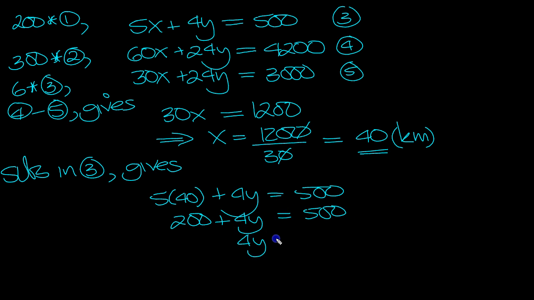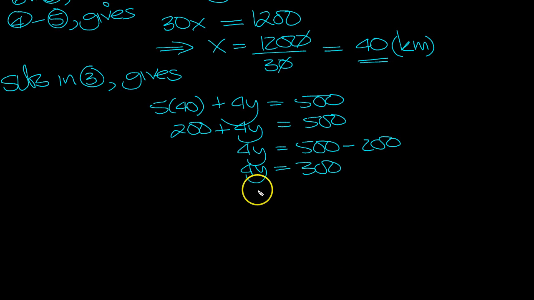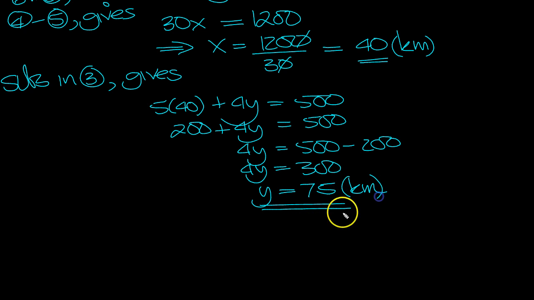Move the 200 over, minus the 200, and we get 4y is equal to 300. Divide by 4. Move the 4 from times to divide, basically, and we get 75 kilometers. So that's the x and y distances, 40 kilometers and 75 kilometers.